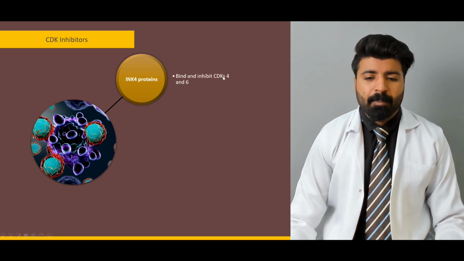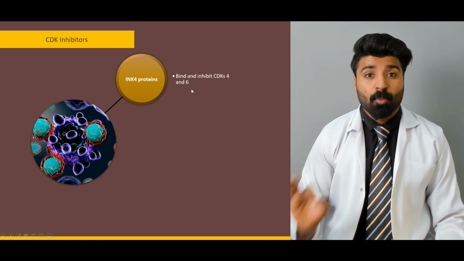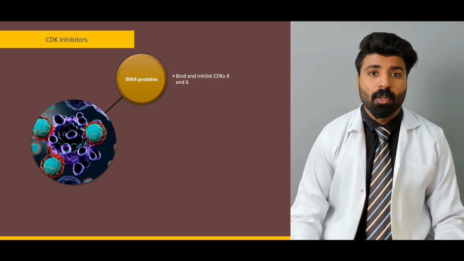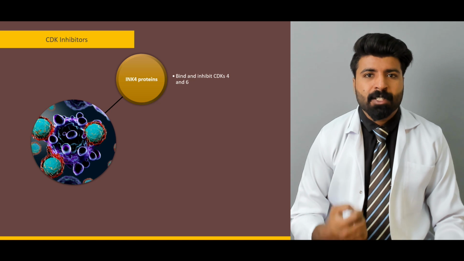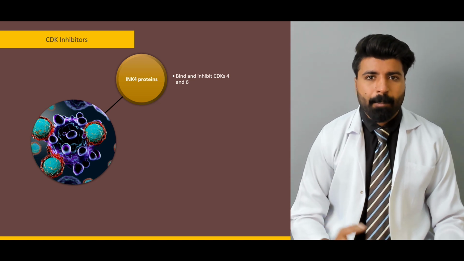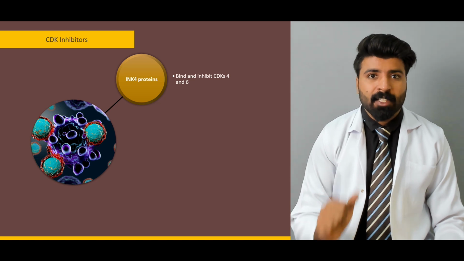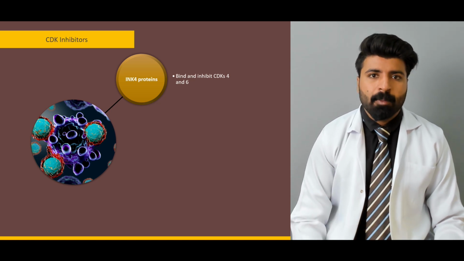They bind and inhibit CDKs 4 and 6. We talked about the most important cyclin-dependent kinases: 4, 6, and 2. So if they bind and inhibit CDK4 and 6, what's going to happen? That CDK4 or CDK6, which was going to take cyclin D or cyclin E, is now inhibited.